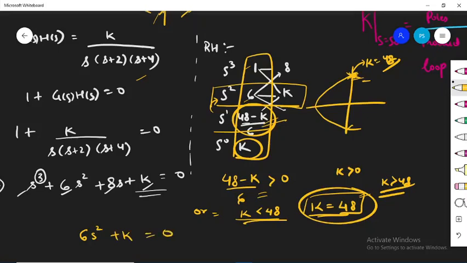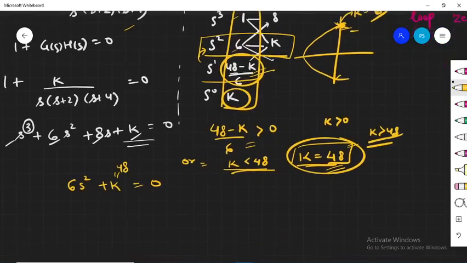And we are saying that the critical value of k is 48. So just substitute the value of k as 48 over here. So this will become 6s square plus 48 equal to 0, or s square equal to minus 48 divided by 6, or s should be equal to plus minus j 2 root 2. Okay, that means plus minus j root 8.